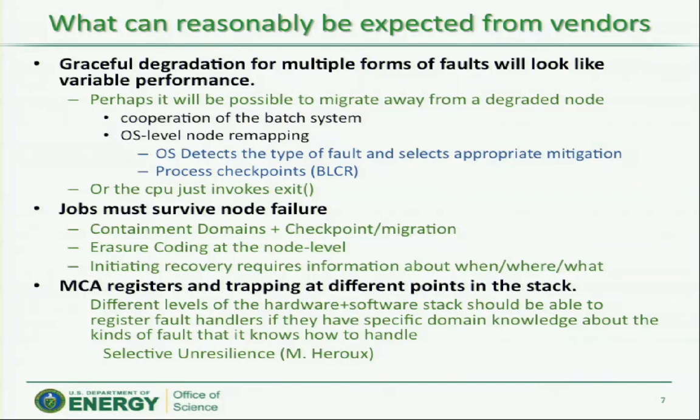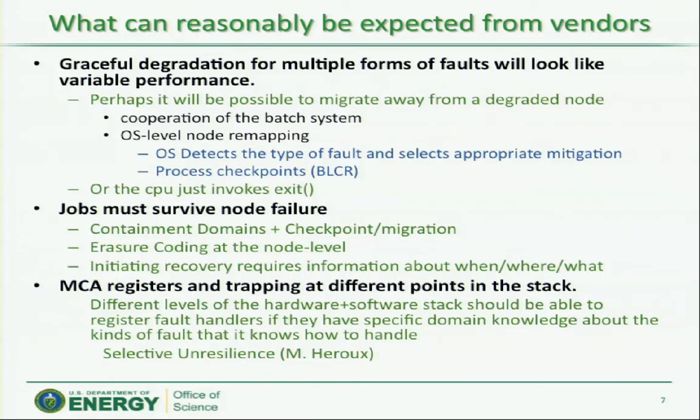So at the next level up, say you're running in a runtime system, say you're on top of Charm, or Swift, or Parallax, well, they know a lot more about the state of your code. They know a little bit better about how I could recover. So they intercept this and say, I'm not going to let the OS do it. I have something smarter I can do, so I'm going to register something in that section.